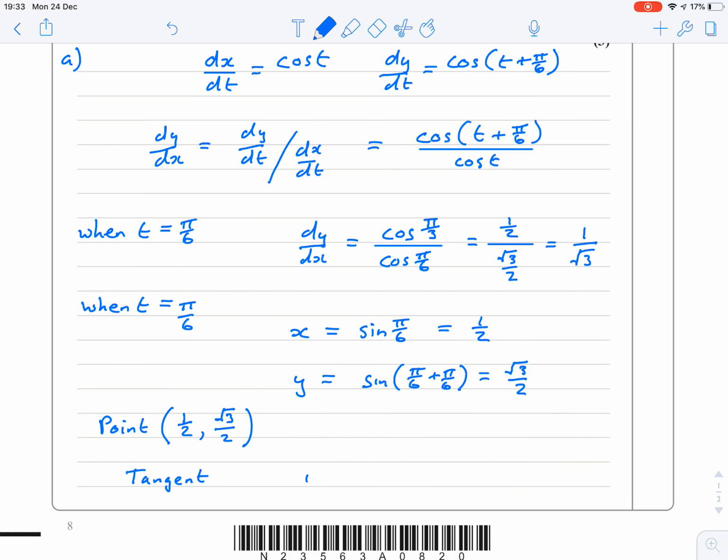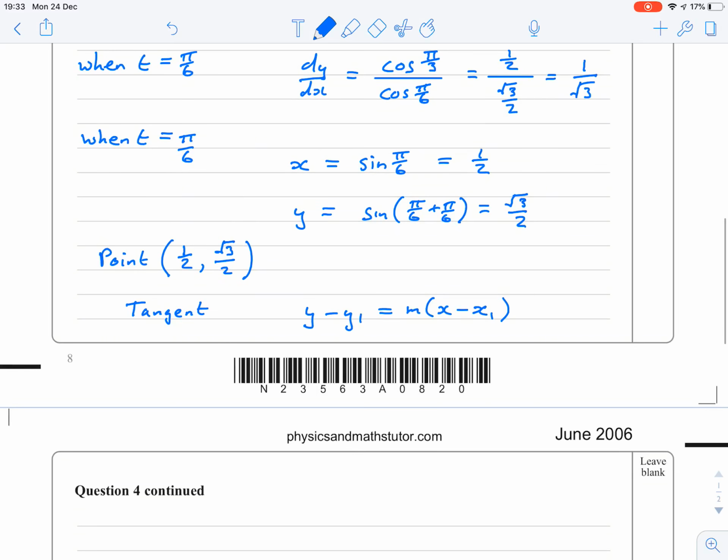We do this using y minus y1 equals m times (x minus x1), where m is the gradient. So we've got y minus the y coordinate root 3 over 2 is equal to m, the gradient we found was 1 over root 3, multiplied by (x minus a half).